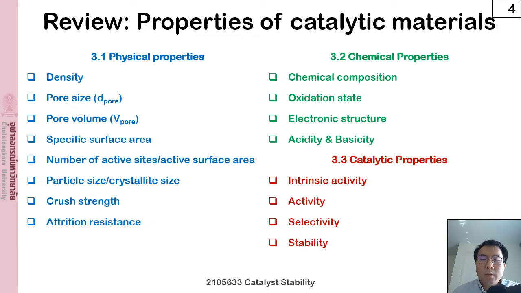So the last factor is really important, and it comes as the main theme for this course: the stability. The stability can be measured in many terms, depending on your reaction and the cause of the deactivations, which we will talk about all throughout the course.